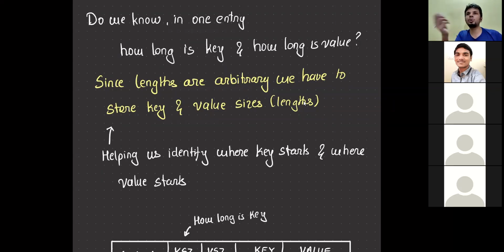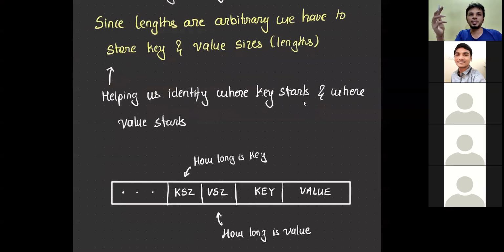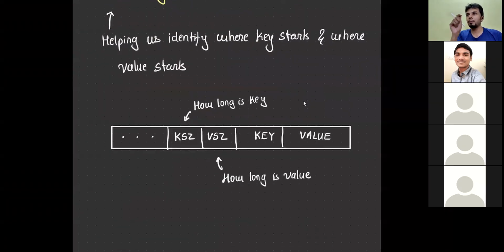We don't know how big the key is. So when we are registering an entry in the database, or implementing storage, up till now we were just storing key and value, but we would also need to know the key size, how long the key is, and the value size, how long the value is.